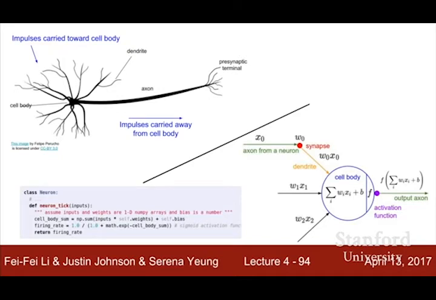If they're spiking very fast, then there's a strong signal that's passed on. So we can think of this value after our activation function as, in a sense, the firing rate that we're going to pass on.